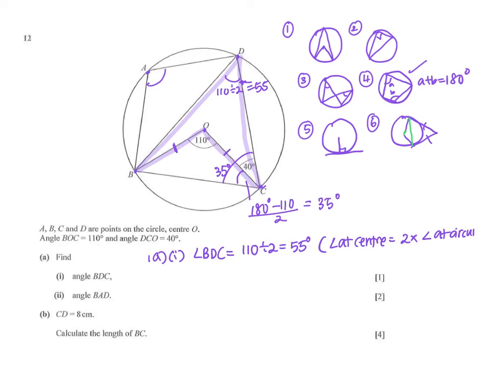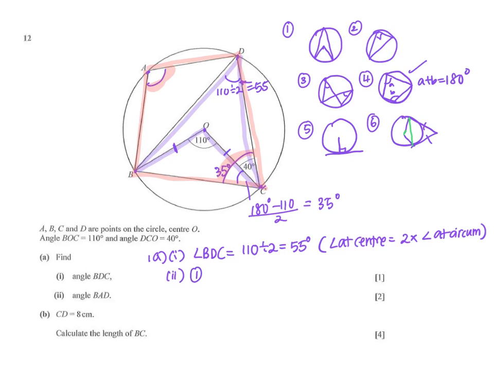Part 2, find angle BAD. To find angle BAD, we can observe that this is a cyclic quadrilateral. So angle BAD will add up with this angle to become 180 degrees. Let's use some answers that we have already found.